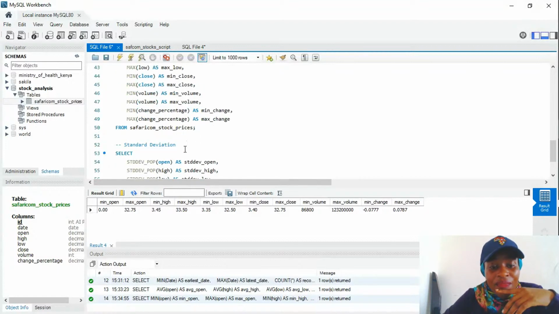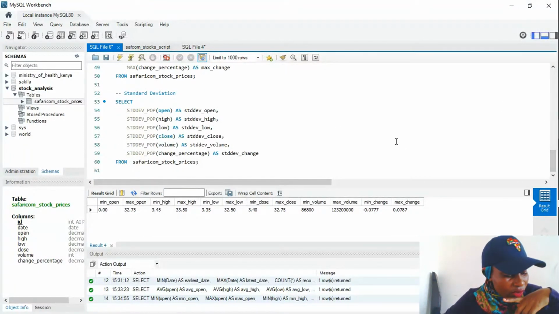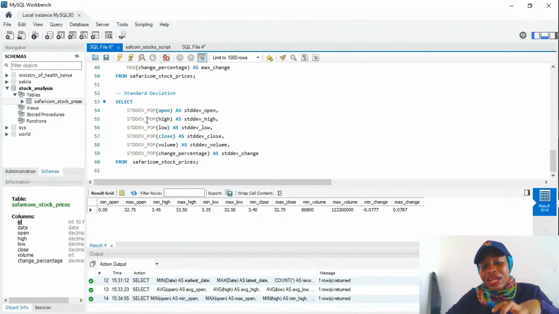So the next thing we're doing here is looking into the volatility and risks of our stocks. For the volatility and risk, we're looking at how much the prices spread from the mean or from the average.